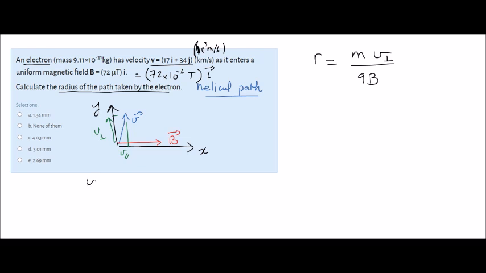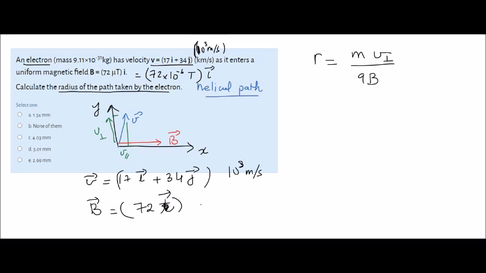We have v equal to 17i plus 34j times 10 to the power 3 meters per second. And B is equal to 72 times 10 to the power minus 6 Tesla along i. That's the unit.